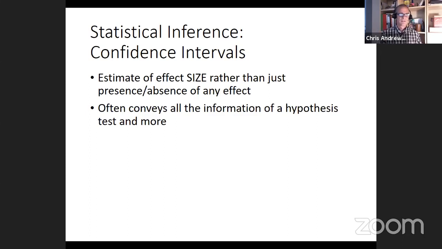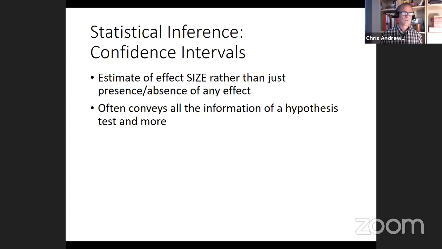The confidence interval has some of those same problems because it is closely related to hypothesis testing. But I prefer confidence intervals when possible, because it gives me all the information, or almost all the information, of a hypothesis test. And on top of that, it also gives me an estimate of some effect size. How big is a difference of two means, or how big is a difference of two proportions or probabilities?